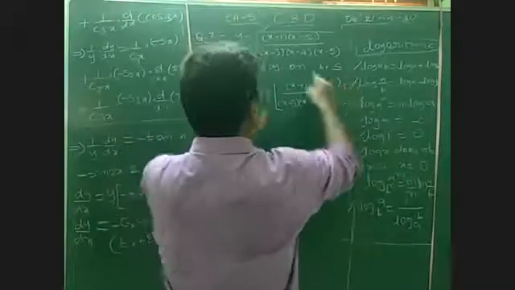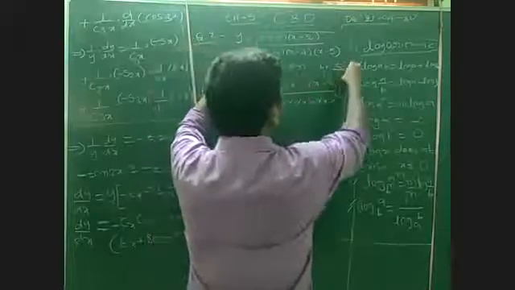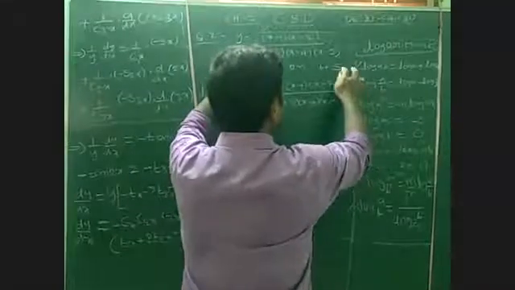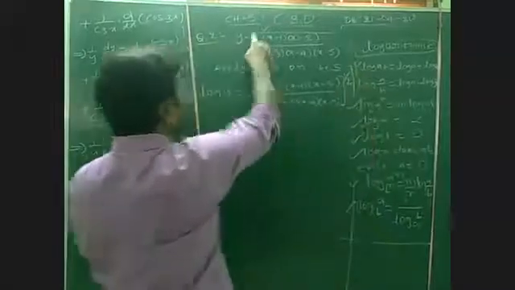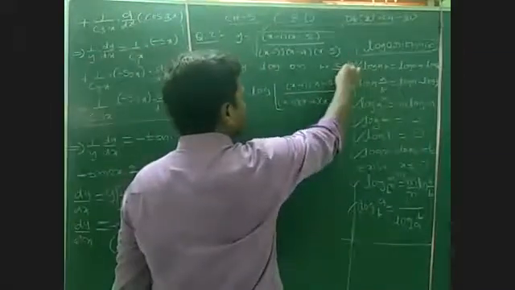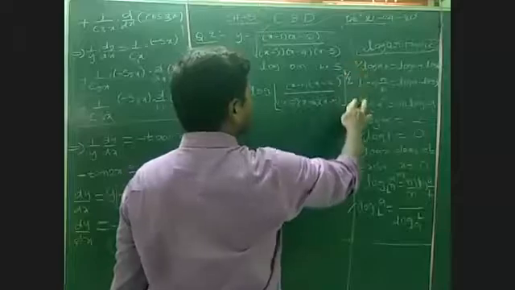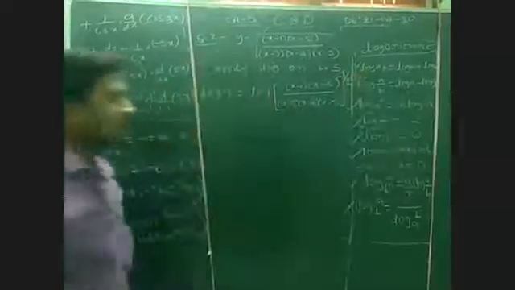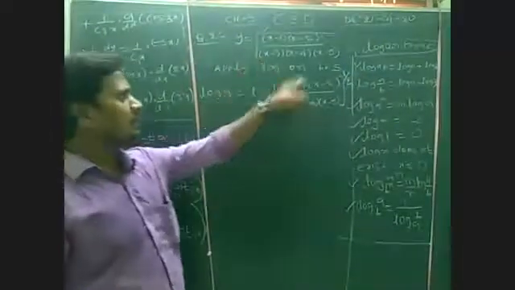I want to write the square root as whole power 1 by 2. Square root of x can be written as x power 1 by 2, so I wrote the whole power 1 by 2.